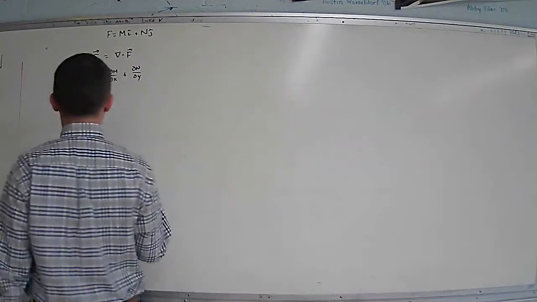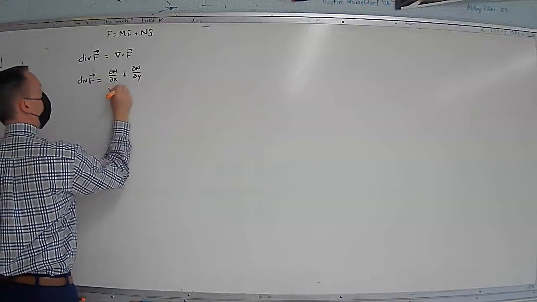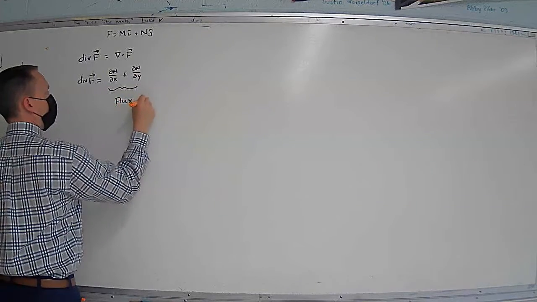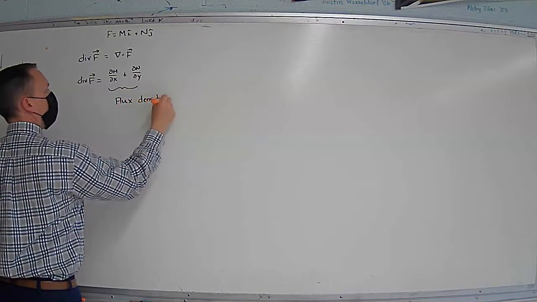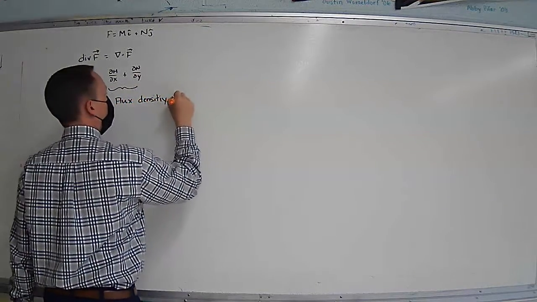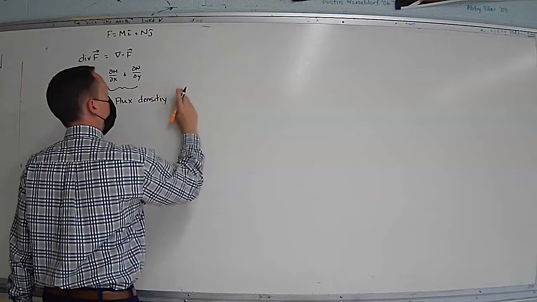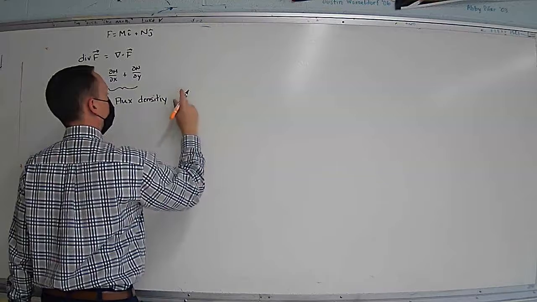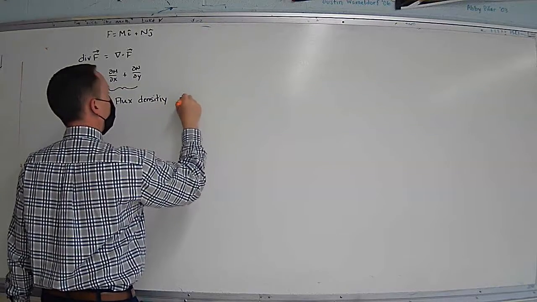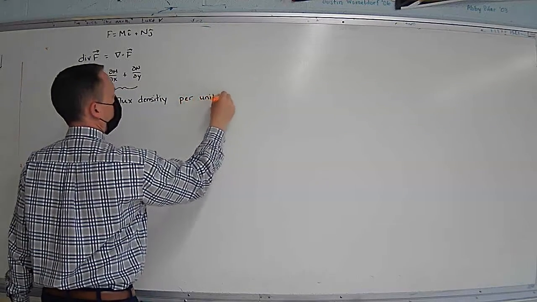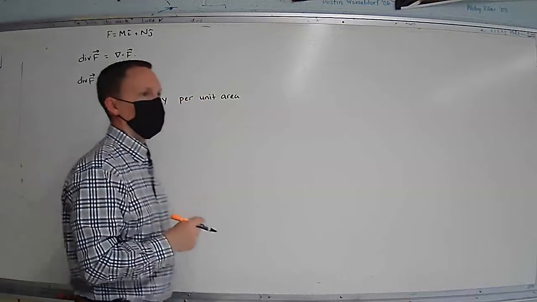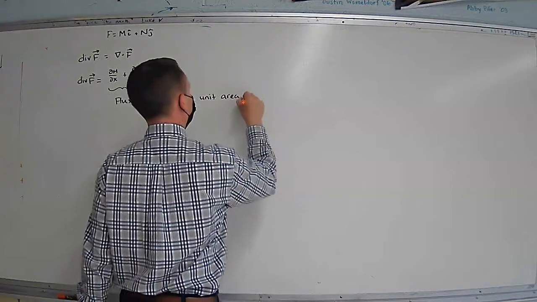Another interpretation of it is that this quantity is what we call the flux density per unit area at a point.